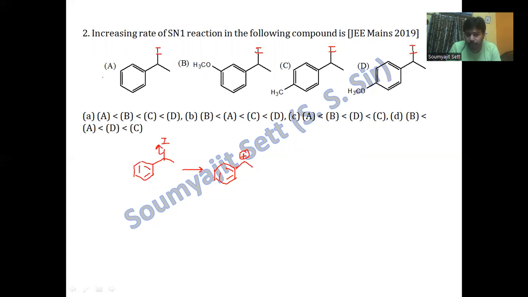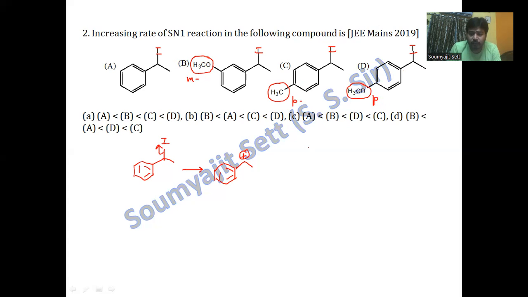For the first option, option A, there is no group. That means all hydrogens are present. In option B, there is an OCH3 group, but it is present with respect to this group at the meta position. This CH3 is present at the para position. And this OCH3 is also present at the para position.